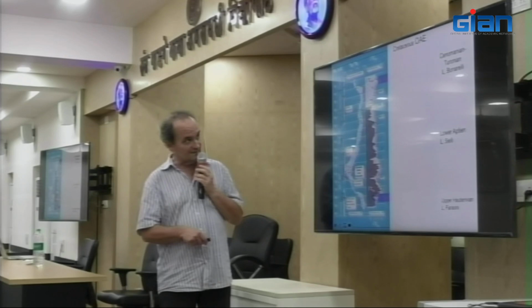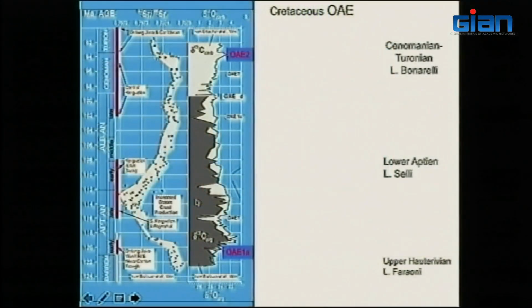This is a delta C13 curve here. In gray, this is a delta C13 curve based on carbonate, and in black based on organic carbon, which gives you more or less the same, meaning that the two reservoirs are concerned by this kind of event.